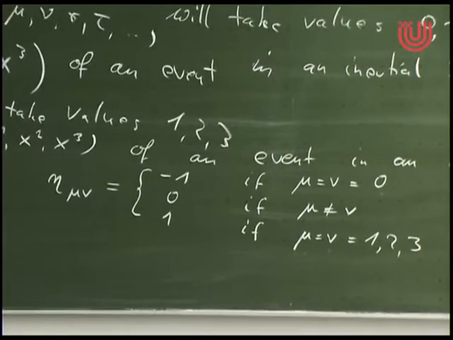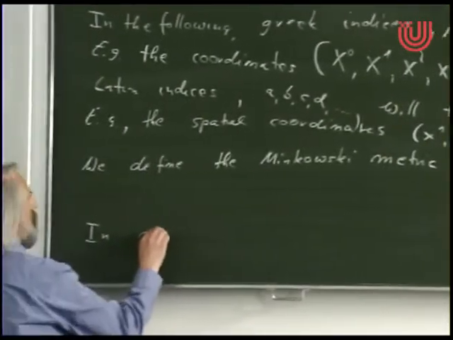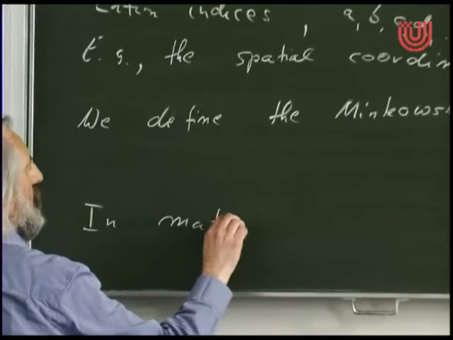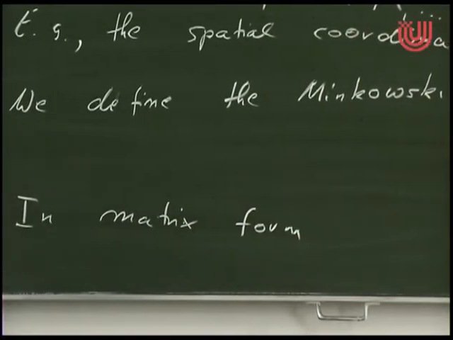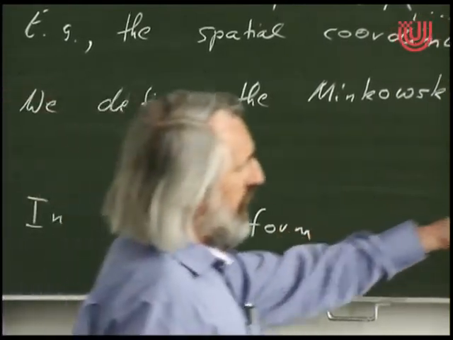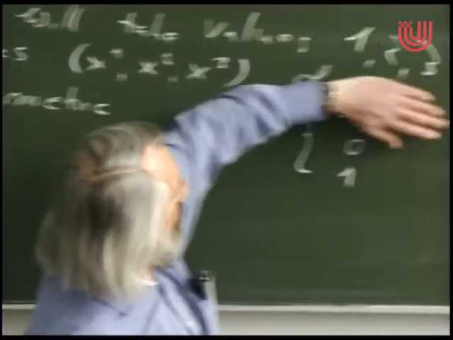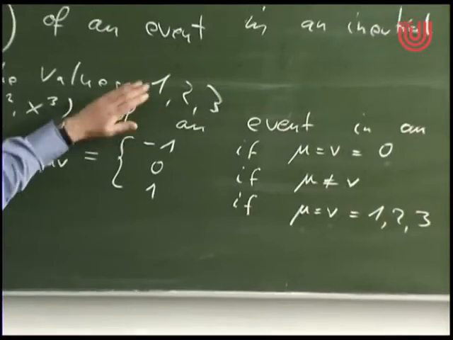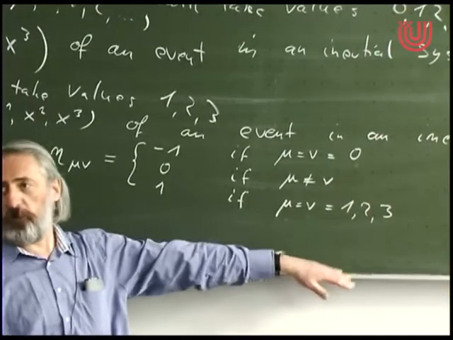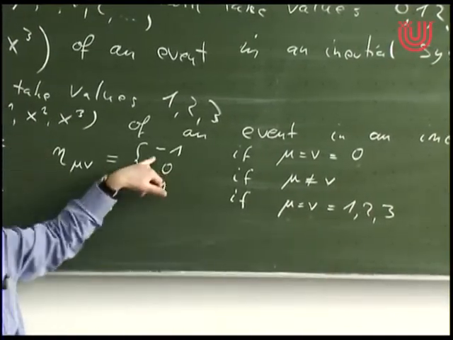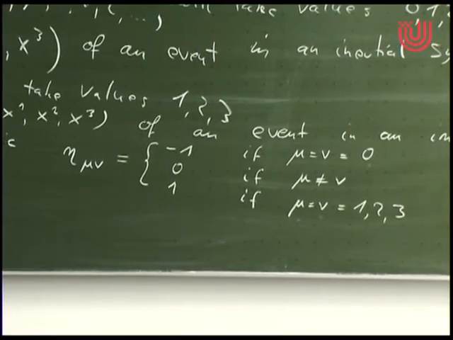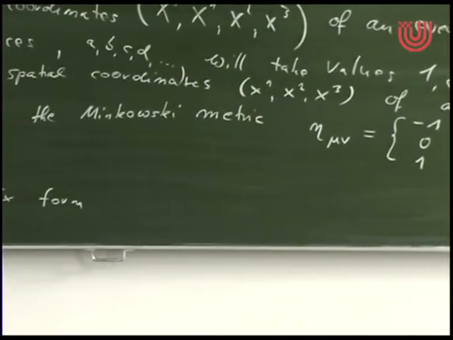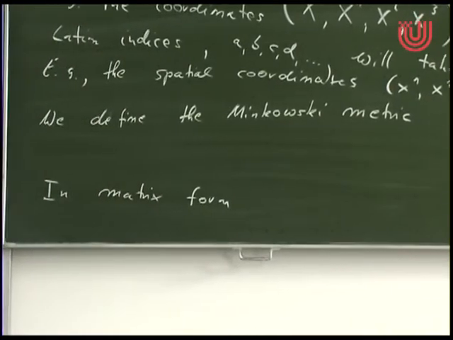So in matrix form we can write this in the following way. You see it's something quite similar to the Kronecker delta, right? The Kronecker delta would be defined by this here without the first line, if just the values 1, 2, and 3 were possible. And here we have a -1 in one place. That's the difference to the Kronecker delta. And we will see in a minute why we introduce this with a minus sign.